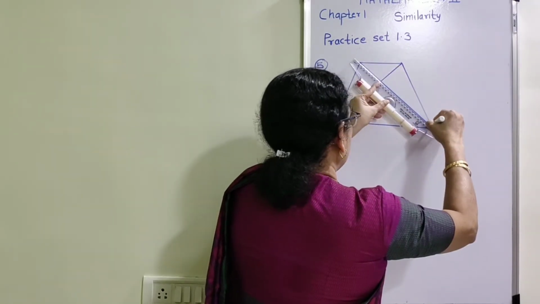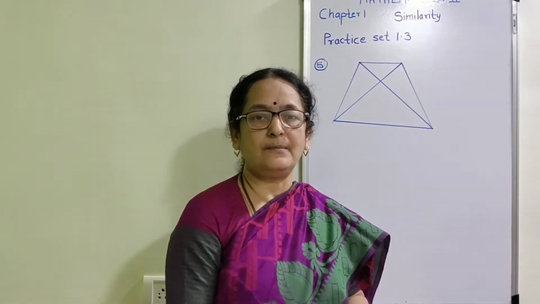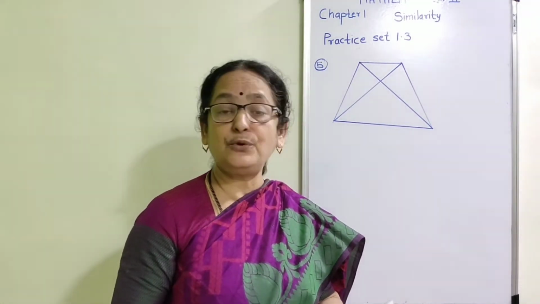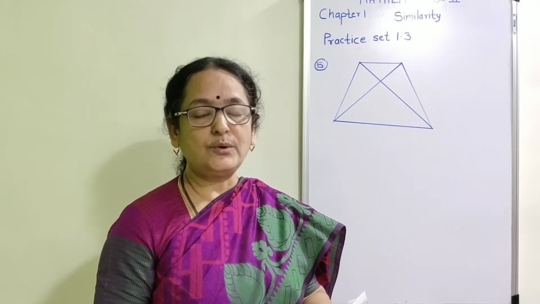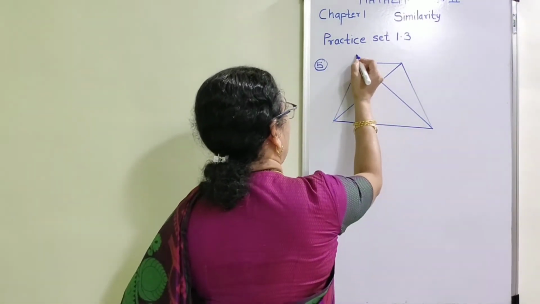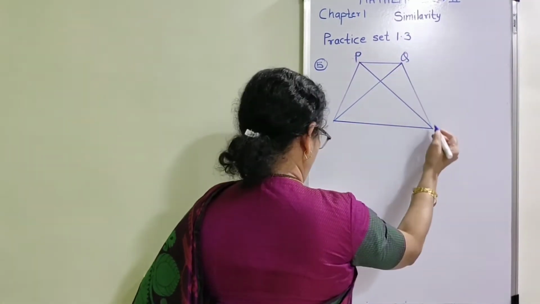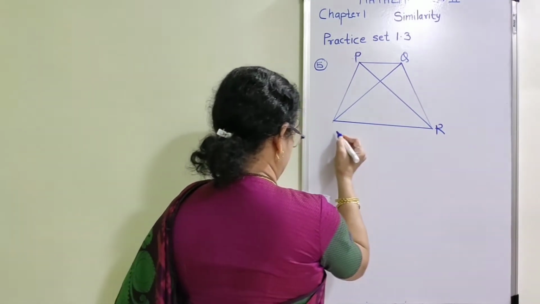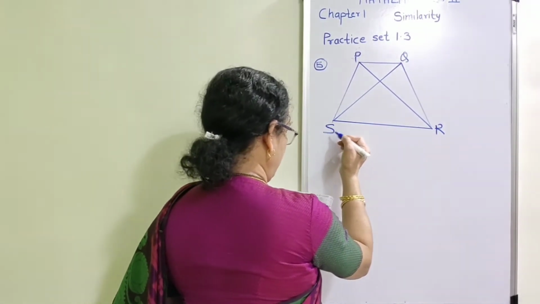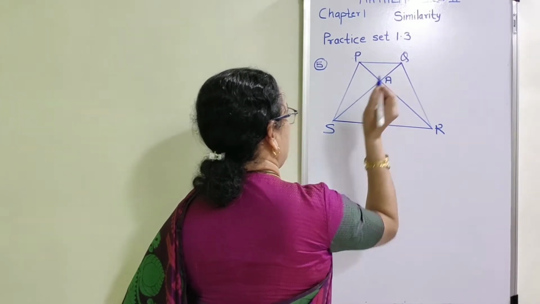Now I have already explained that we are going to complete this one example, but if you have understood this, then you can easily complete any example related with trapezium. Now the names are P, Q, R, and S is the given trapezium. Here the point of intersection is point A.